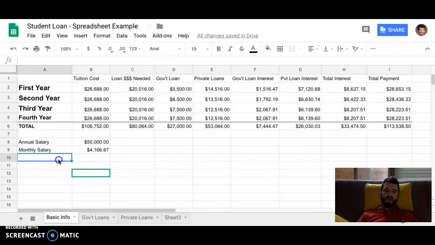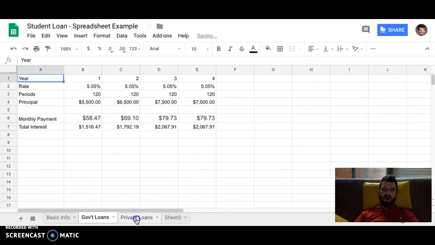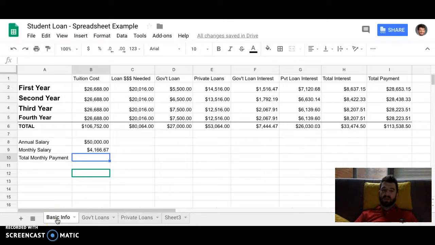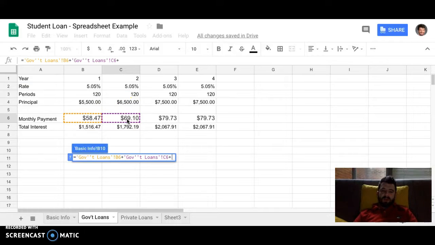So now what I'm going to do is determine my total monthly payment. And this is going to be determined by adding up all of our different loan payments into one big pot. So in order to add these up, I'm going to do my equal sign, then click on each of my monthly payments and put a plus sign between them.